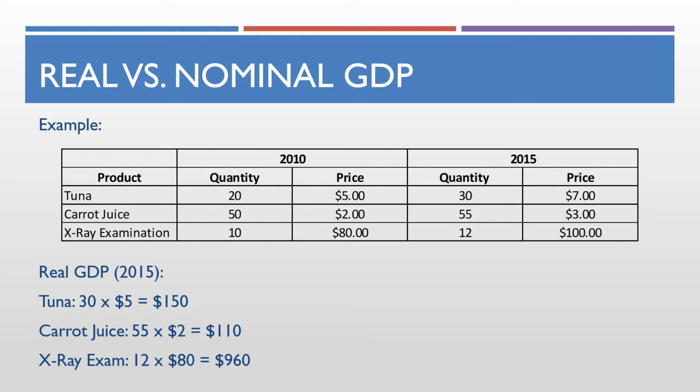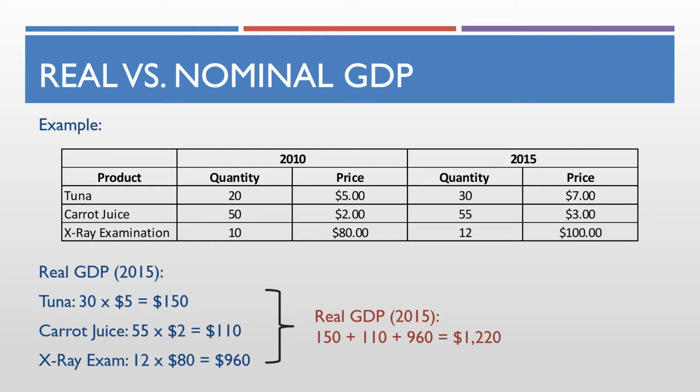So the total output in 2015 for tuna will be 30 units times $5, the $5 coming from the year 2010. Carrot juice will be 55 times $2, and X-ray examinations 12 times $80. If we sum the total of the three items, we get the real GDP in 2015 using the base year of 2010, which adds to $1,220.